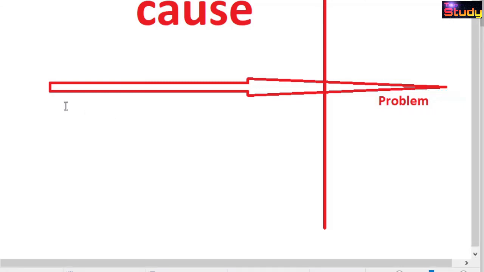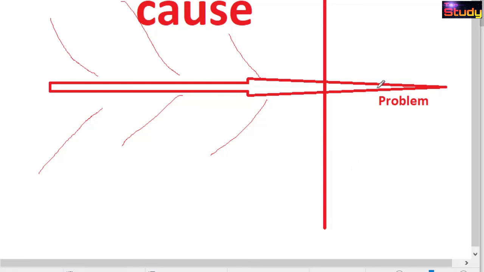Here you draw a lot of causes, like a fish bone, bone of a fish. Here you write down a lot of causes, and then you identify the problem's root causes.